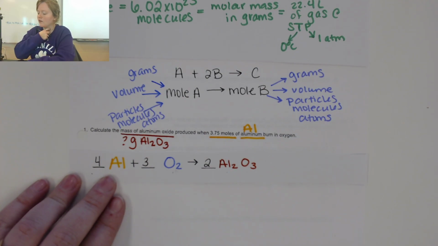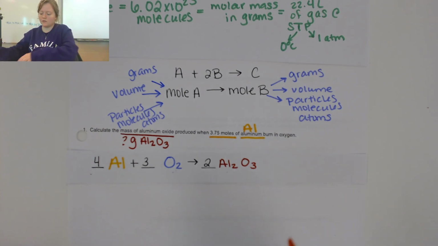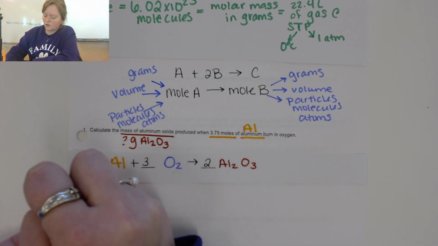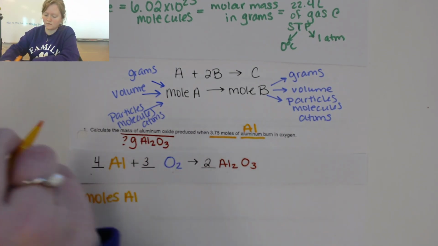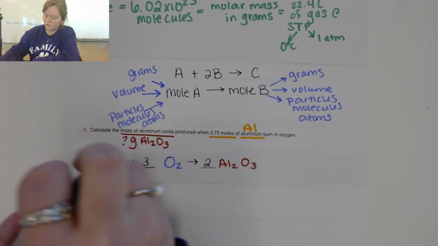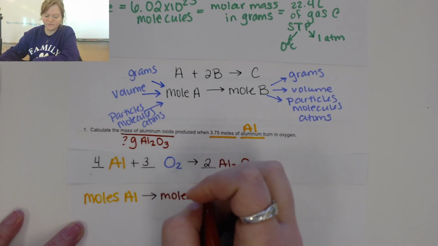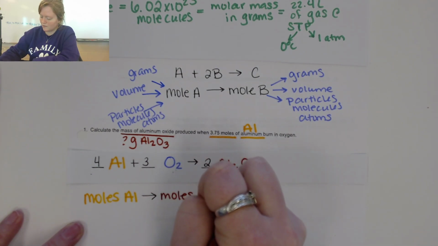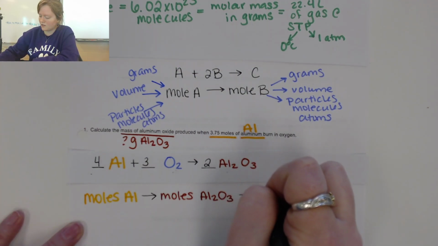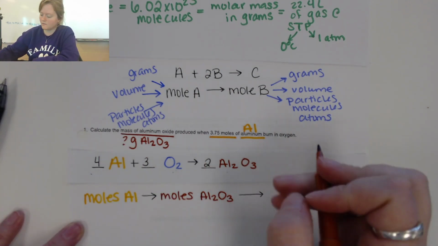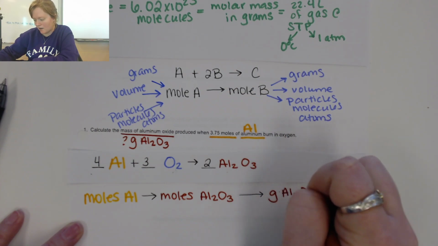So, let's continue on. First, we're going to create the bare bones of our problem here. We are going from the moles of aluminum to the moles of aluminum oxide, then to the mass in grams of aluminum oxide.